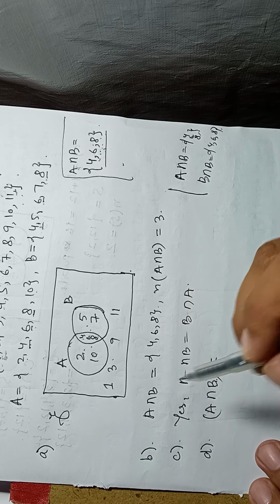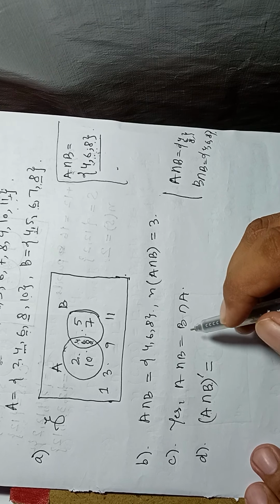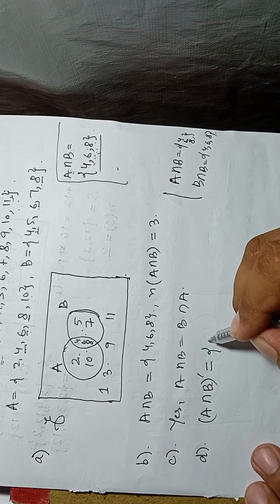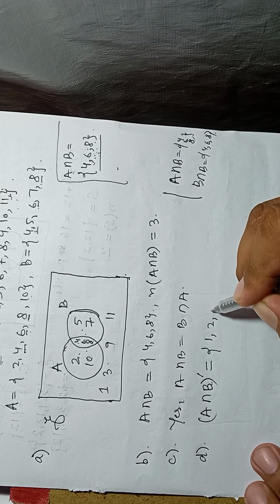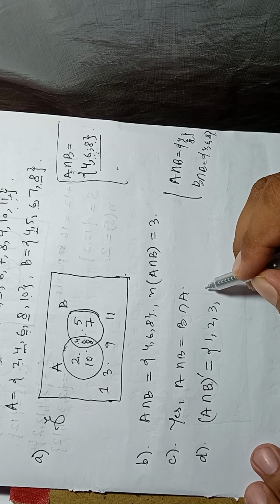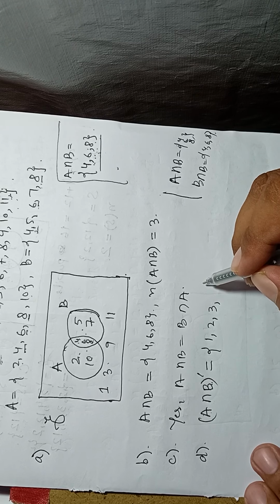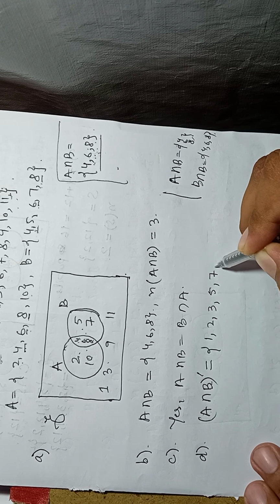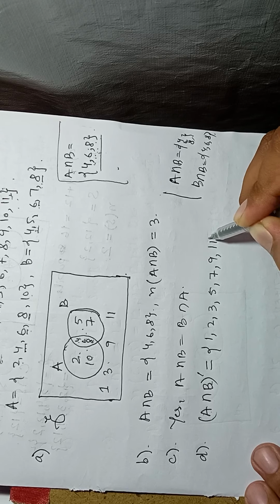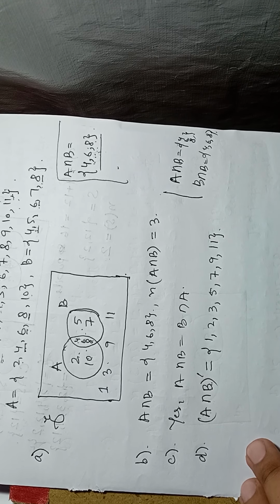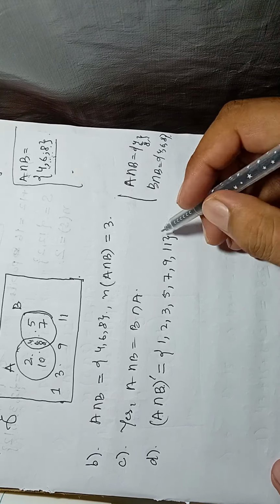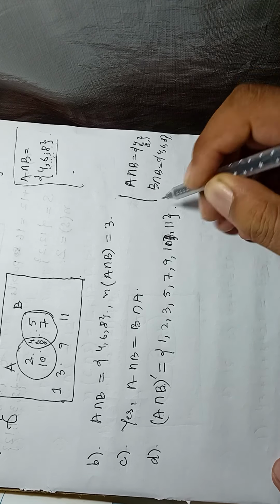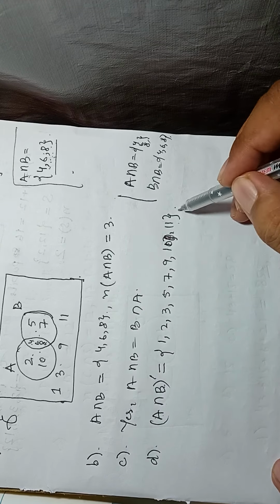I need to write all the remaining elements. What are those? That is 1, 2, in order I will write 3, 5, 7, 9 and 11. Sorry, 10 is also there. 10, then 11. This 10 is also there, I should write here.